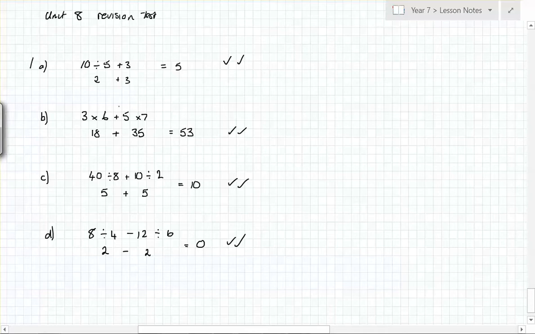For instance, if they've shown very clearly in their working that they did this bit first, and not just 5 add 3, but they've done 10 divided by 5 is 3 or something, or they've done 2 plus 3 equals 6, they've made a mistake, then they can get 1 mark. But it's got to be clear that they did that bit first.